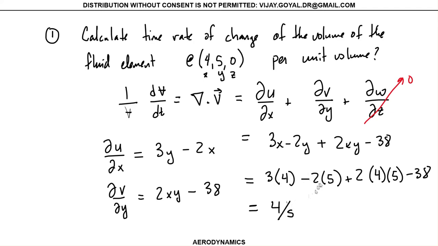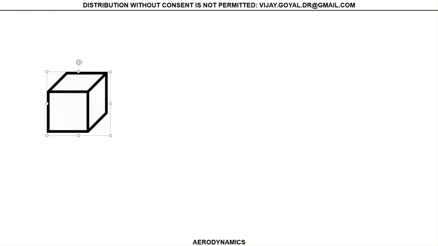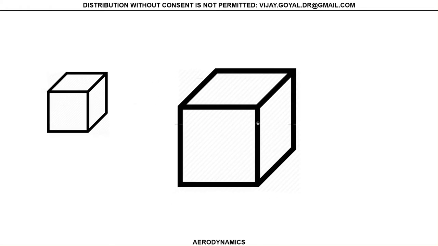per second. What is this really telling you? What it's telling you is that the rate at which your volume is growing is positive, right? It's positive, that means that your volume is actually growing. So you have an initial volume, and then that volume grows to the next volume at a rate of 4 per second.